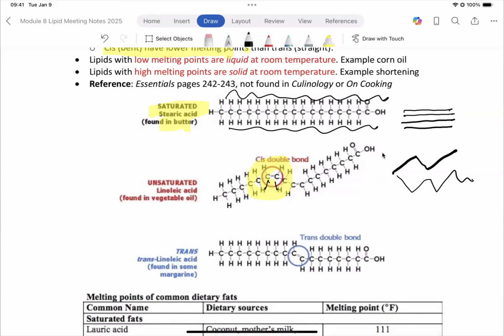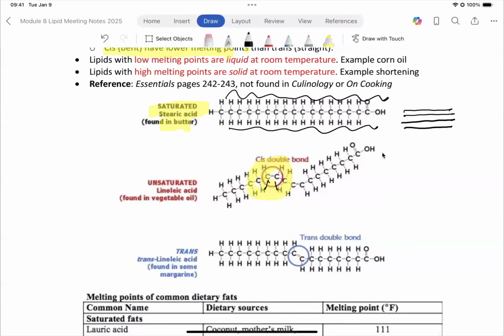It's not as dense. So the more polyunsaturated it is, the lower the melting point. Does that make sense?